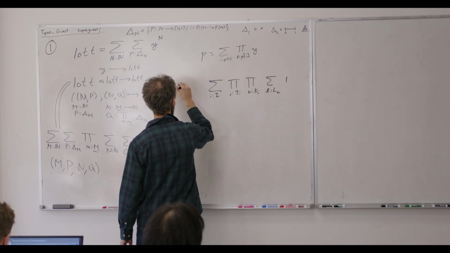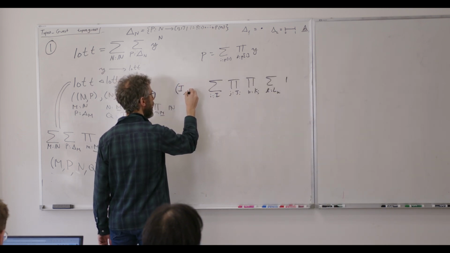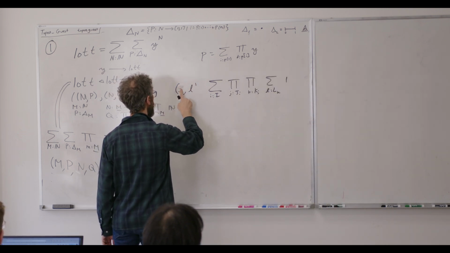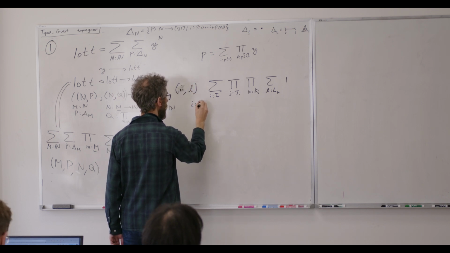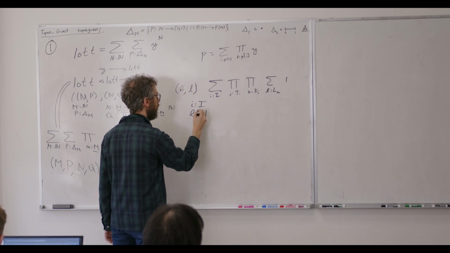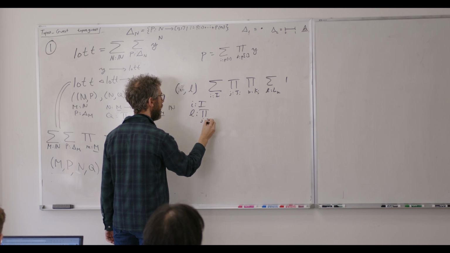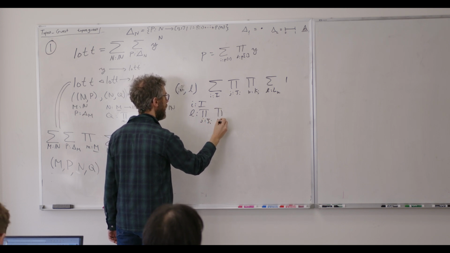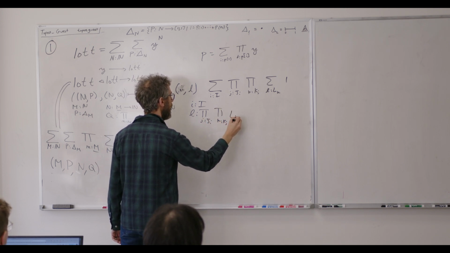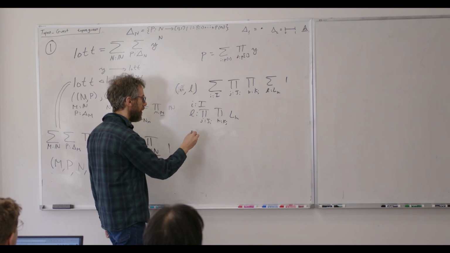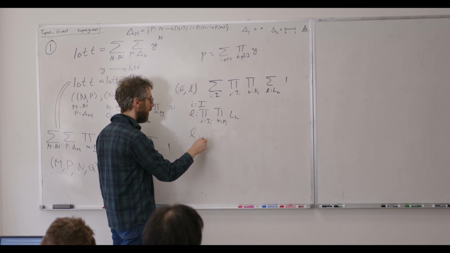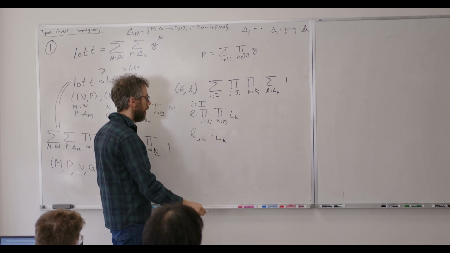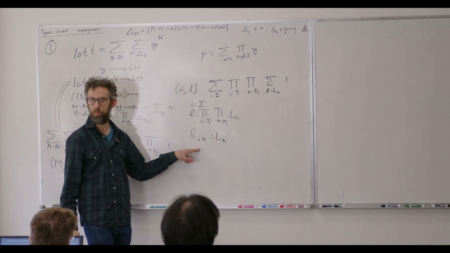And an element of this type would be I comma L, where I is in I and L is in the product over J colon J of I, product over K colon K of J, L K. And if someone wants to write an actual element of L K, they could write L of J K. L is like a tuple.